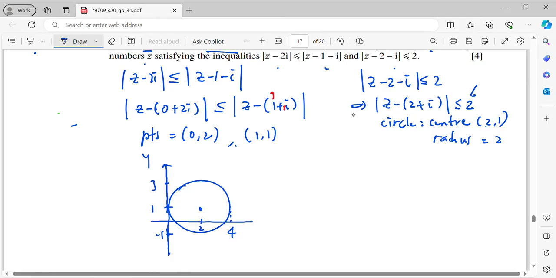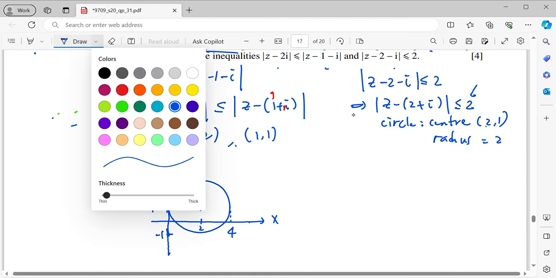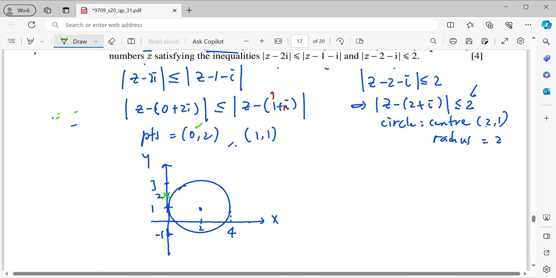Okay, so this will be my circle, and then another one will be 0, 2. So let's say here is 2, this point, 1, 1. So let's say here is 1.